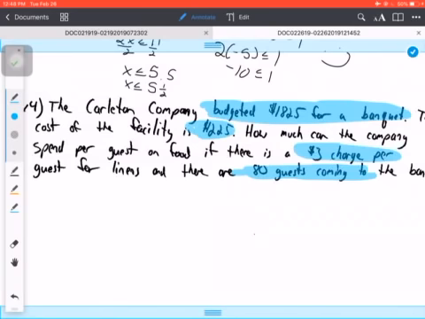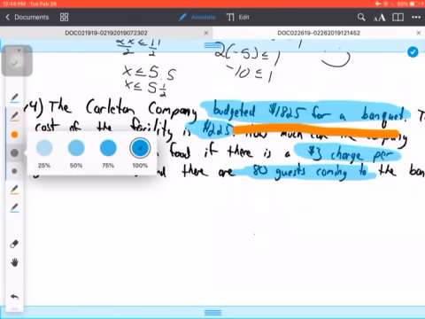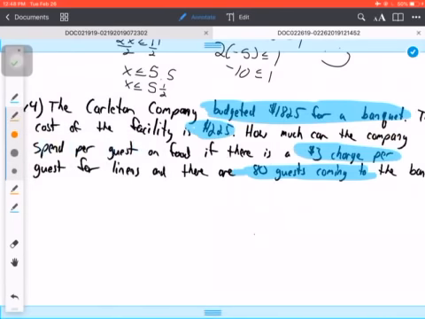So this is a lot of information. But really what we're looking for here is how much the company is spending per guest on food.